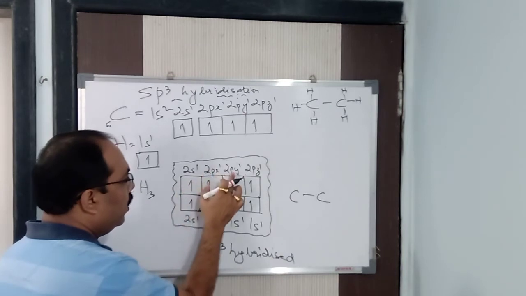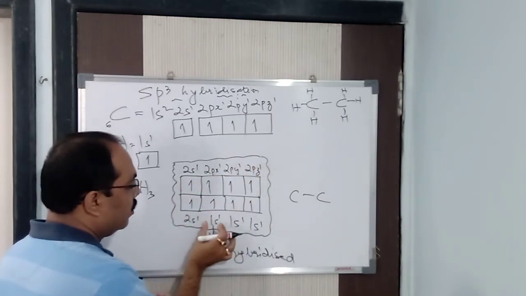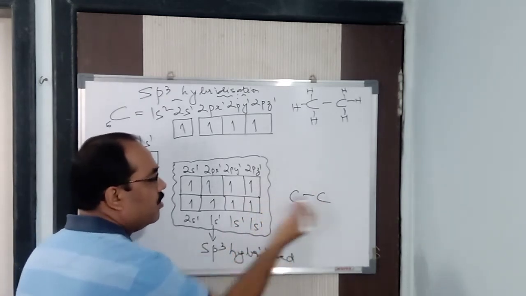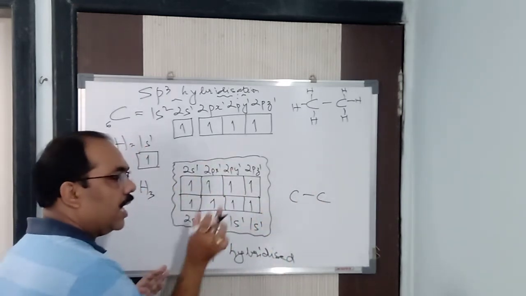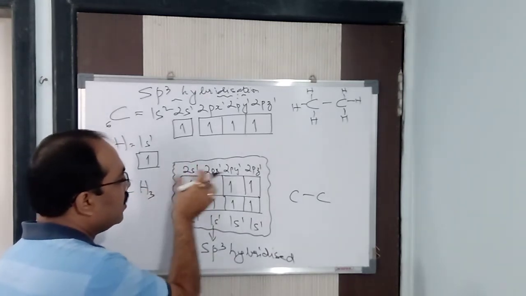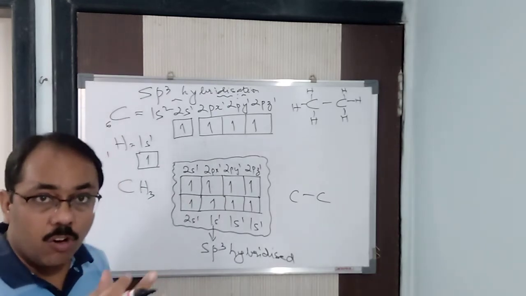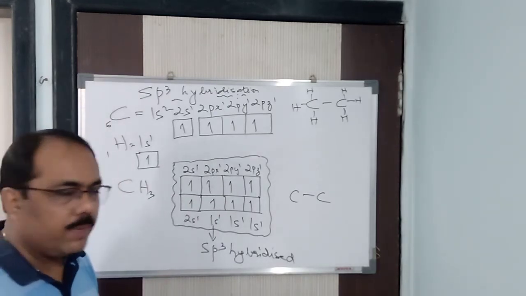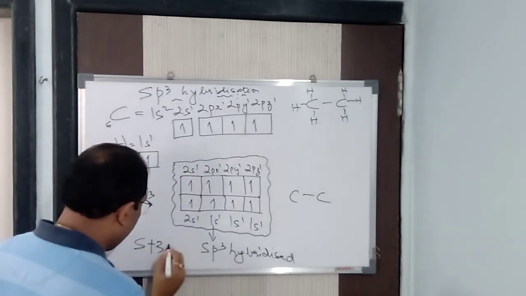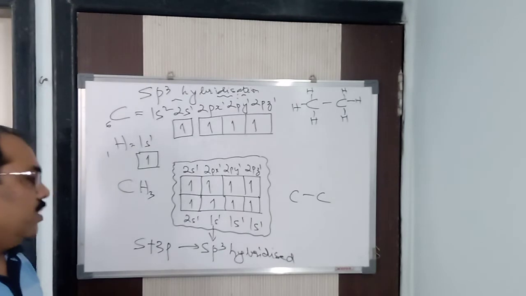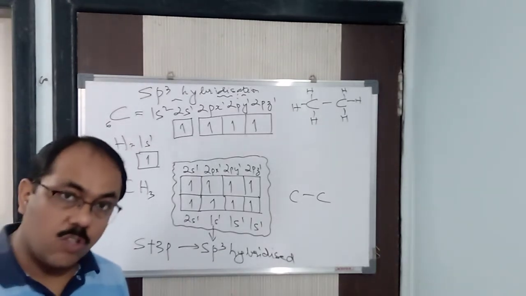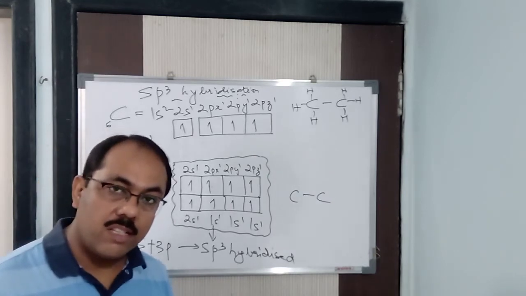Then 2px, 2py, 2pz combine with one hydrogen each, so three hydrogens come on each carbon. Since hybridization takes place in the carbon atom, which subshells participate? The s subshell and 3p subshell, 1s and 3p. So it is sp3 hybridized. In ethane, by the help of the formula, you can see it is also sp3 hybridized.